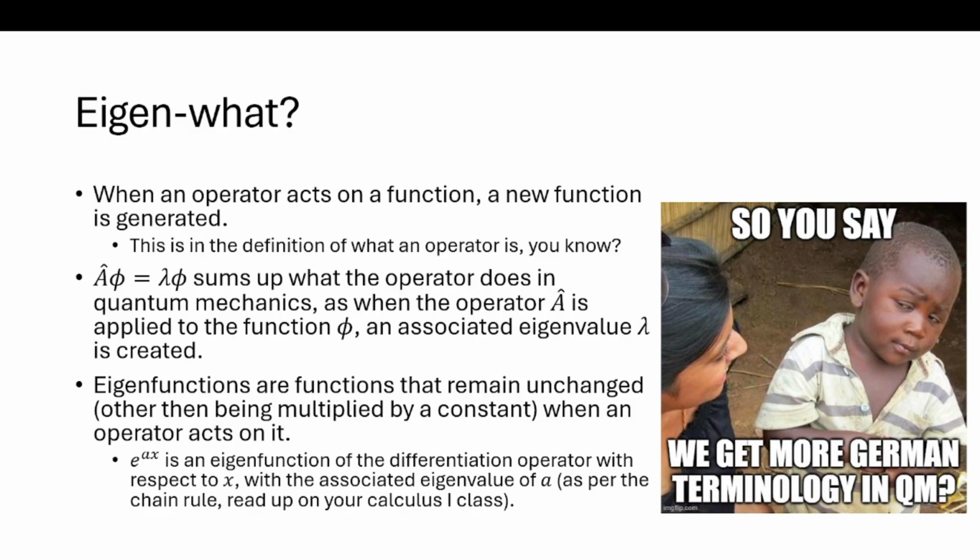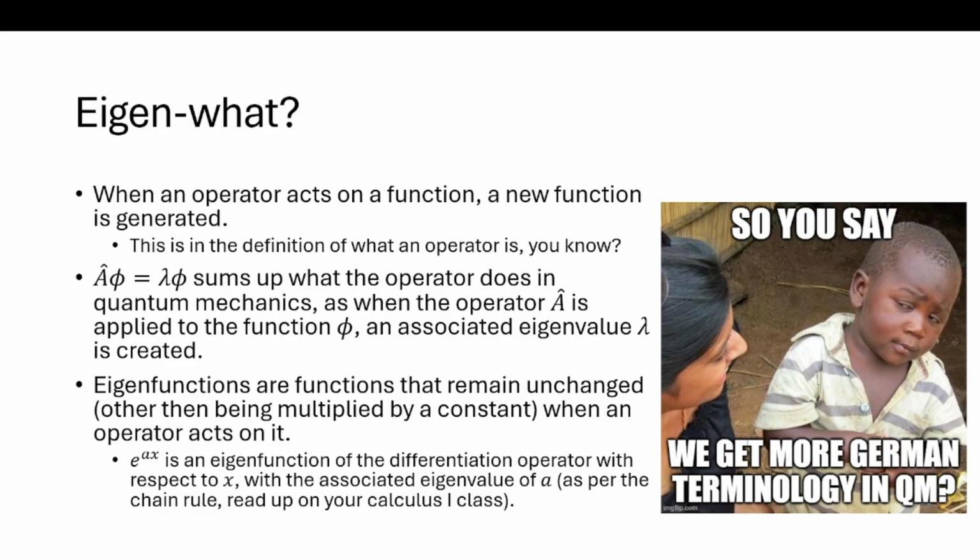Now, here's an interesting thing when we consider operators on different functions. If we have an operator that acts on a function, a new function is generated, obviously. But there's one particular scenario where, when an operator is applied onto a function, we yield that function times some scalar value.